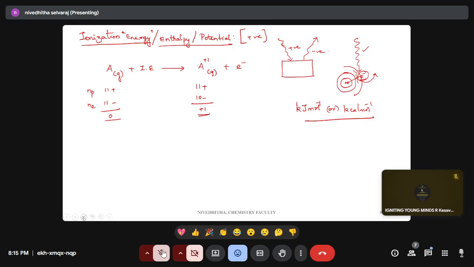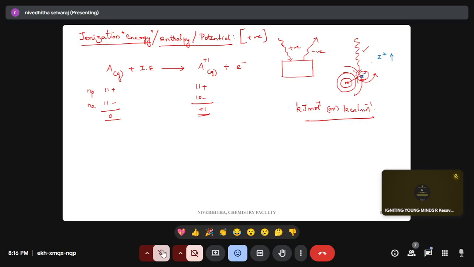See, if effective nuclear charge is more, what does it mean? This valence electron is experiencing more attractive force from the nucleus. So this electron is strongly bound to the nucleus, and now it is really difficult to remove it.